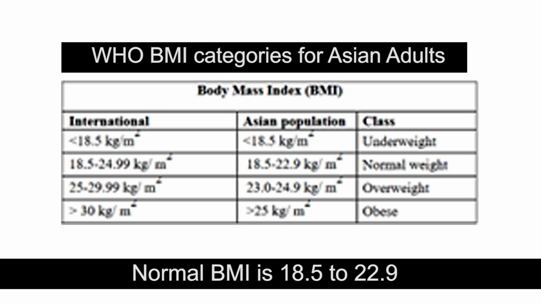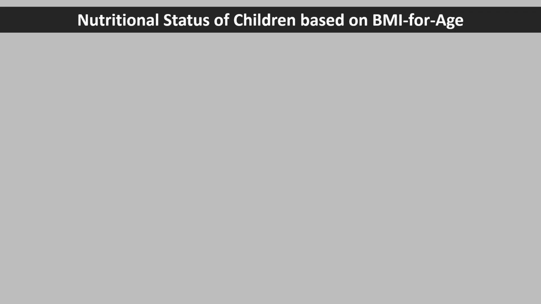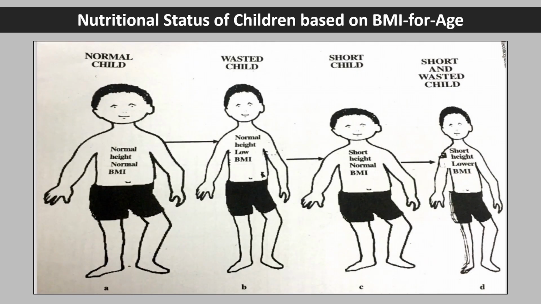Moving further, how do we assess the nutritional state of children based on BMI for age? As you can see here, if a child has normal height and a normal BMI, we consider the child as normal. But you would notice that a wasted child will have a normal height but a low BMI.